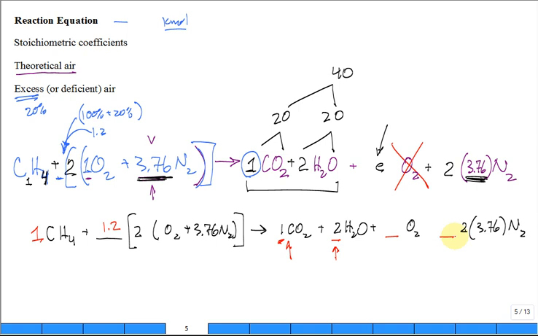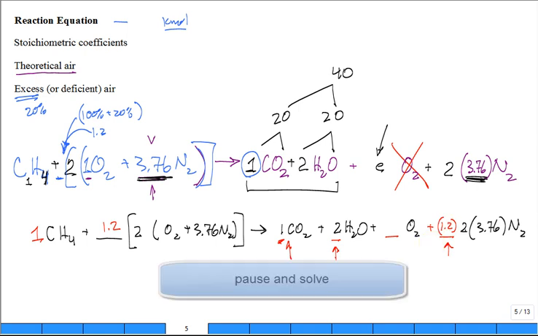Which one do you think is easier, the oxygen to rebalance or the nitrogen to rebalance? Nitrogen is a little easier. What's the coefficient that goes right in front of this one for the nitrogen? 1.2. All right. Now the hard one, the oxygen. I pause and I let you write it down on your paper.